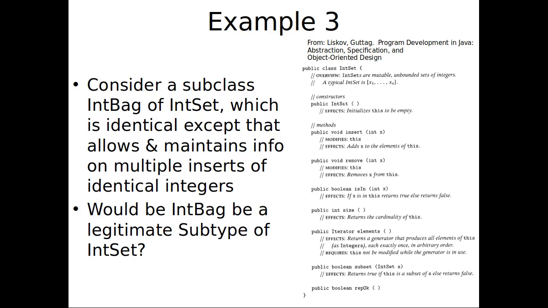That someone might, in an algorithm somewhere, be counting on the fact that they're looping over some collection, and every time they see something, they just insert it into the set, because they're reasoning that if you insert the same thing more than once, it's just the same effect as inserting it once. It doesn't increase the size.